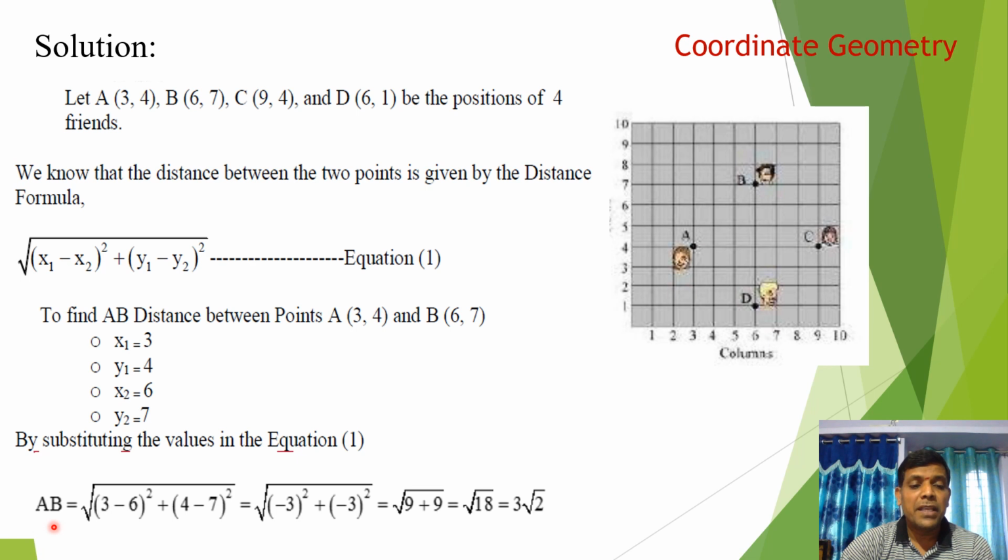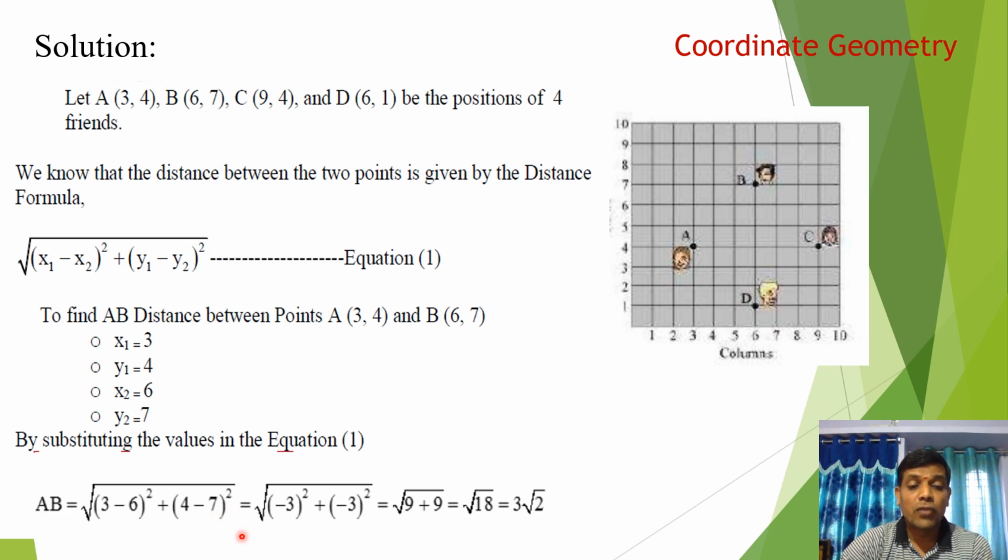AB, the distance between A and B, equals the square root of (x1 minus x2), 3 minus 6, whole square plus (y1 minus y2) whole square, which is 4 minus 7 whole square. Now next step, 3 minus 6 we get minus 3, so minus 3 whole square, plus 4 minus 7 means minus 3, whole square.